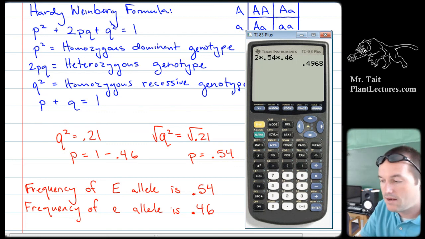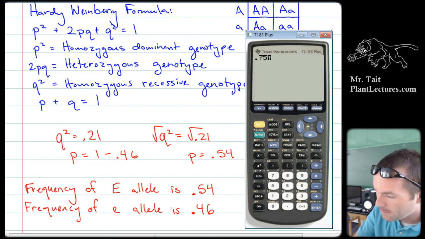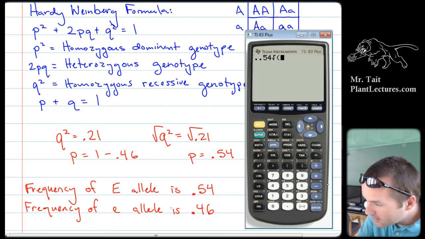So that was 14, I said, right? And then if I take 0.54 squared, there are 2 decimals, we're okay.